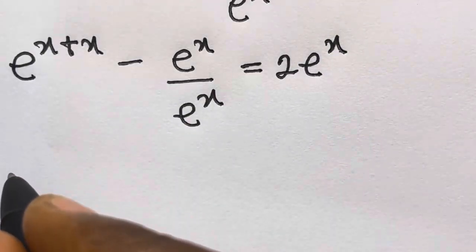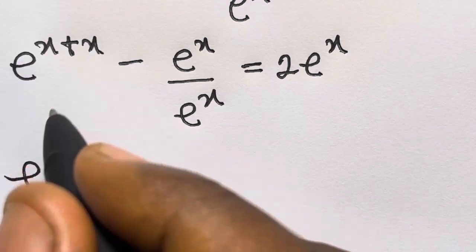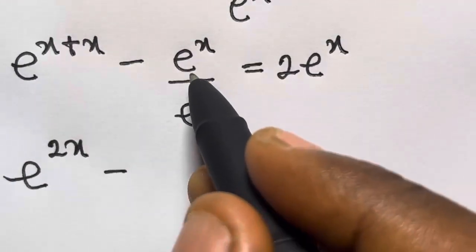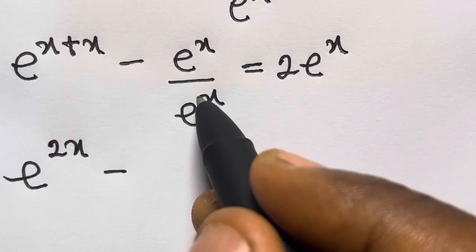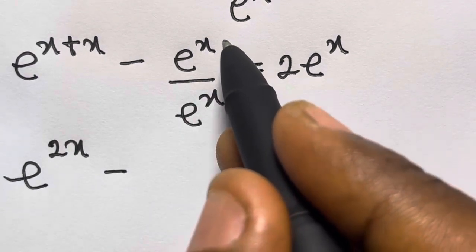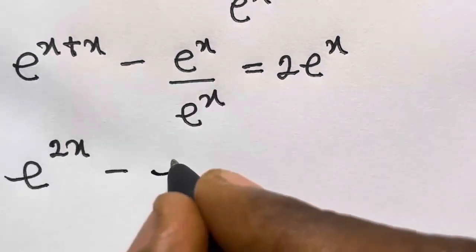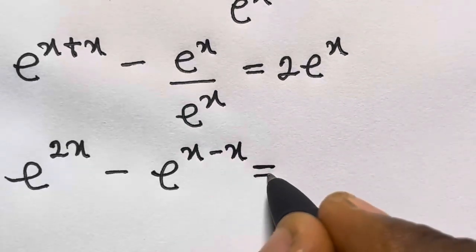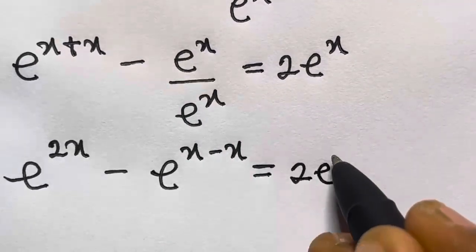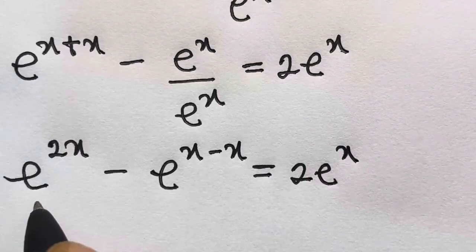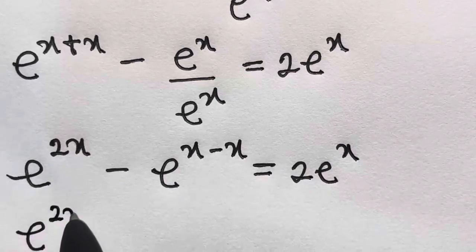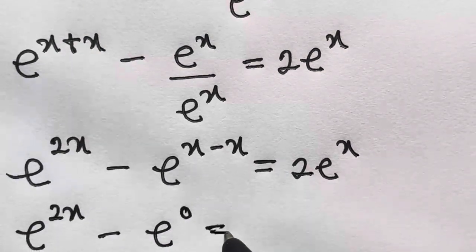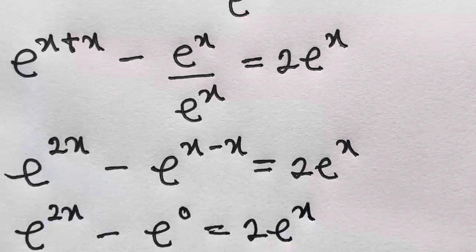Now we have e^(2x) minus, again from the law of indices, when numbers with the same base are divided, the power of the divisor is subtracted from the power of the dividend. So we subtract this power from here, we have x minus x. So here we have e^(2x) minus e^(x-x), that is x minus x becomes 0, equals 2e^x.